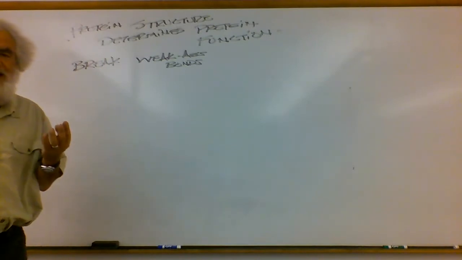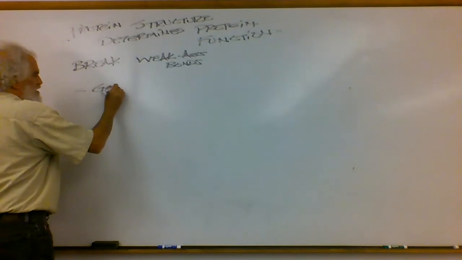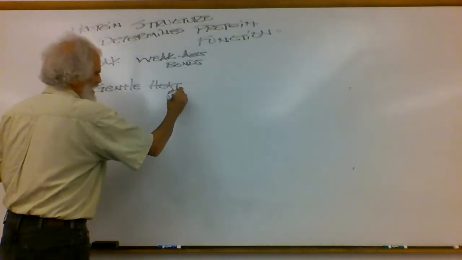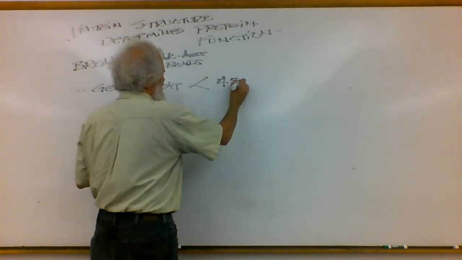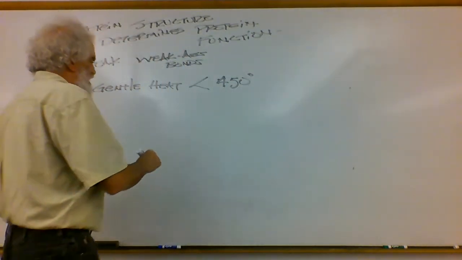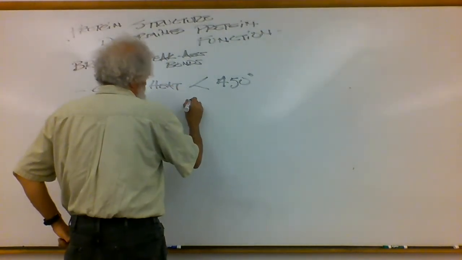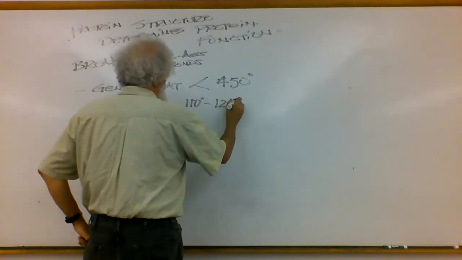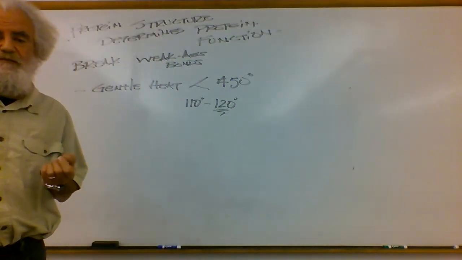We can break weak-ass bonds by relatively gentle heat. Certainly, let's say, less than 450 degrees for sure. But the truth is, with a lot of hydrogen bonds, you can probably do it, and I'm sticking in Fahrenheit just for the heck of it, at 110 degrees, 120 degrees almost for sure, is going to break apart hydrogen bonds.